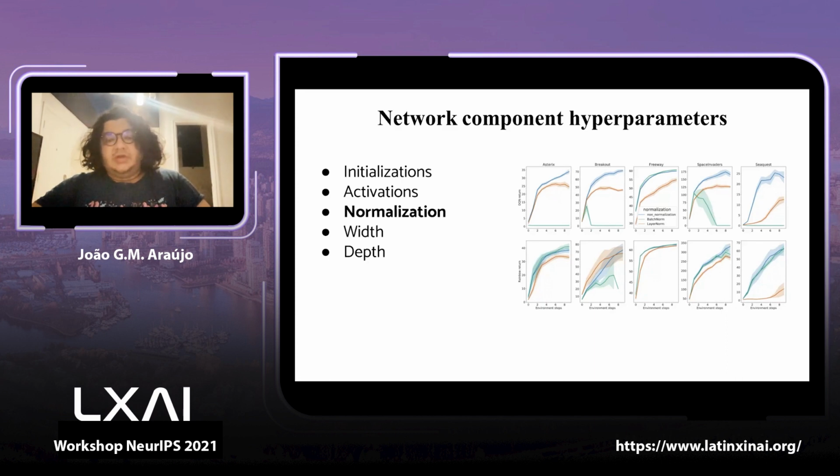So what we see here that is very interesting is that no normalization is pretty much the best in all cases, and in general, using normalization is extremely detrimental to learning. So we can see that, for example, for DQN, in all games except for Freeway, using batch normalization led to an awful final performance, pretty much a zero final performance.